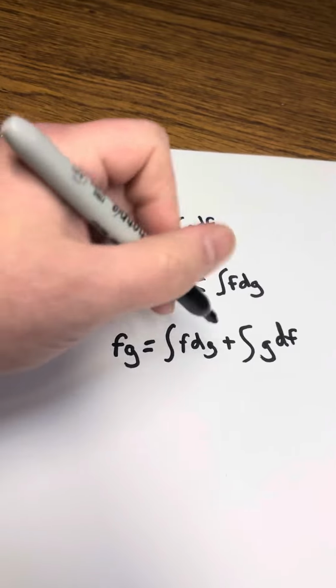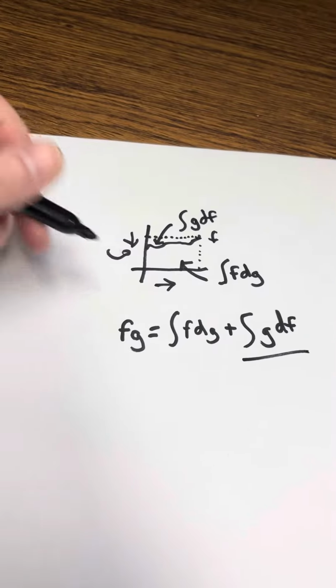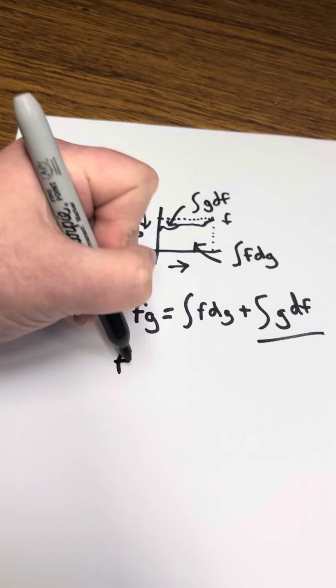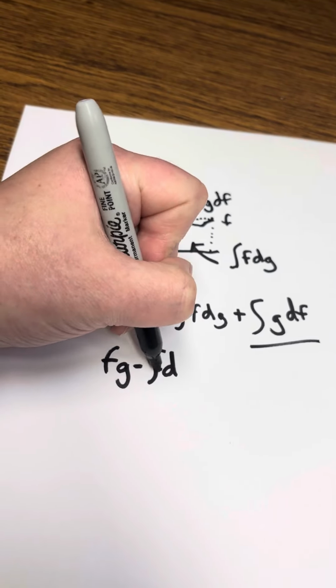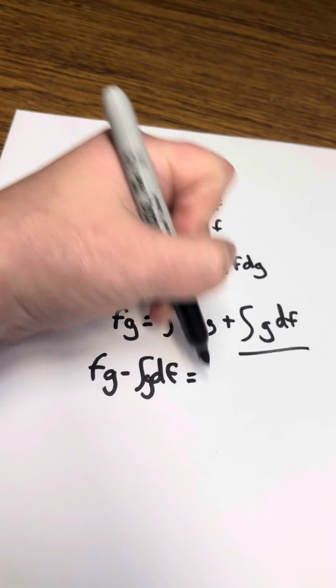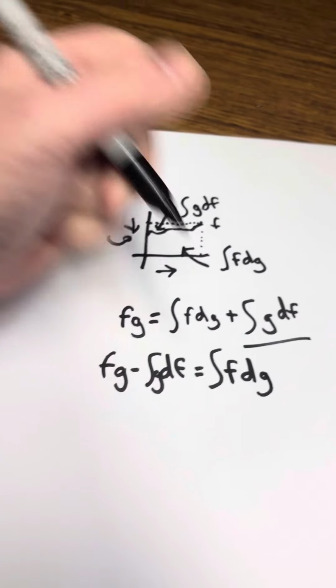And if you replace this with the variables that are normally used and subtract this term, you get, well, I'll just subtract the term first. fg minus integral g df is equal to integral f dg.